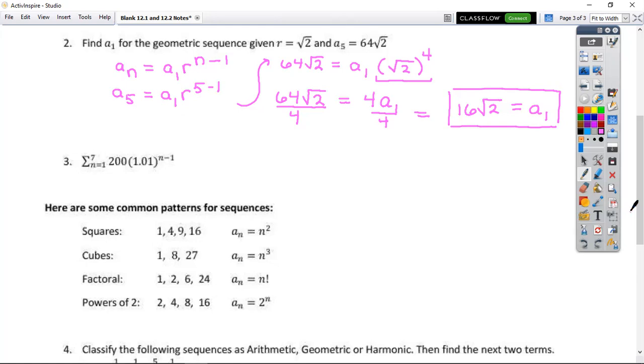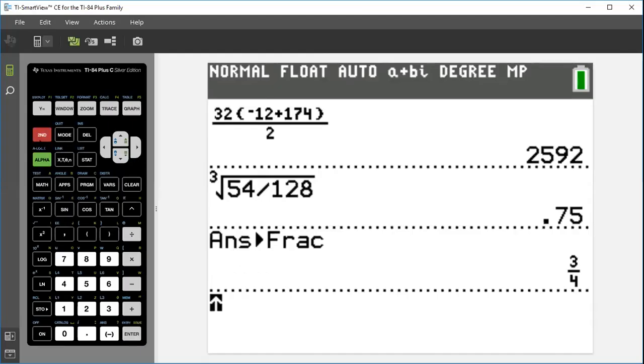You remember where to find your summation symbol? Probably not, that's okay. So you can always find everything right in your catalog. So to get the catalog on the calculator, what you're gonna do is hit second, number 0.